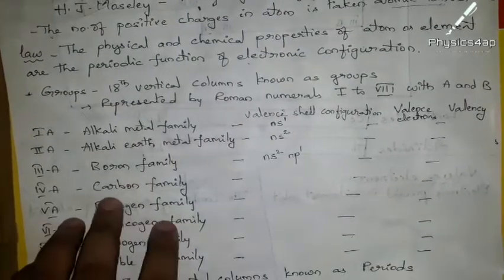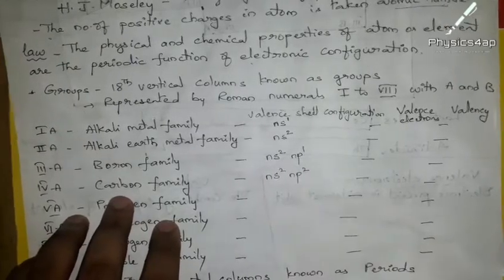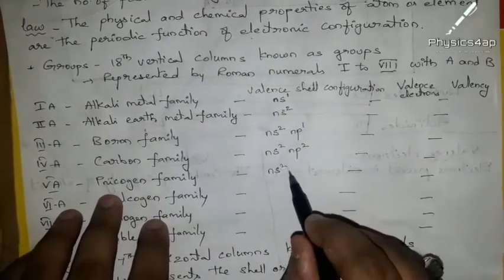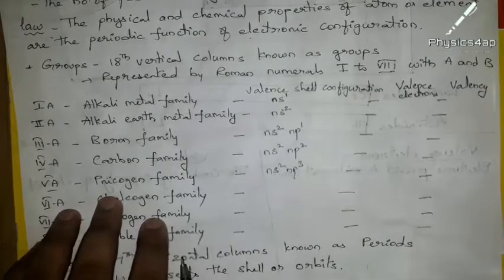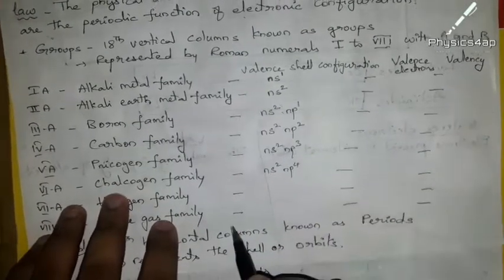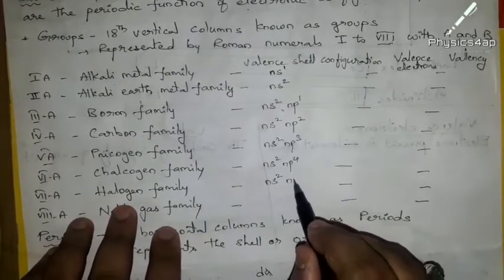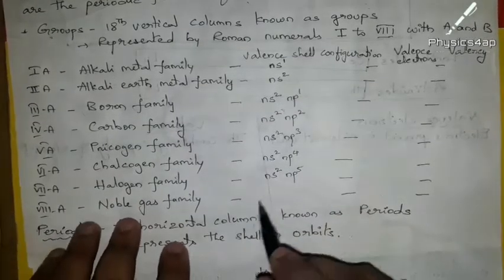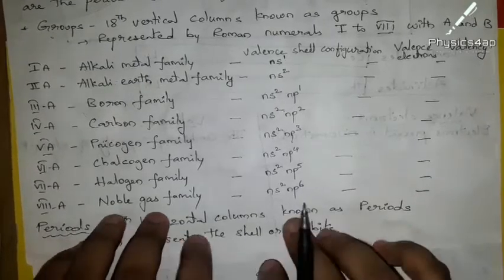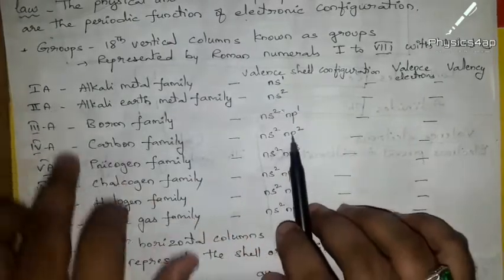The 4A carbon family is ns2 np2. The nitrogen family is ns2 np3. The chalcogen family is ns2 np4. The halogen family is ns2 np5. And the noble gases are ns2 np6. So this is the general valency shell configuration for these groups.